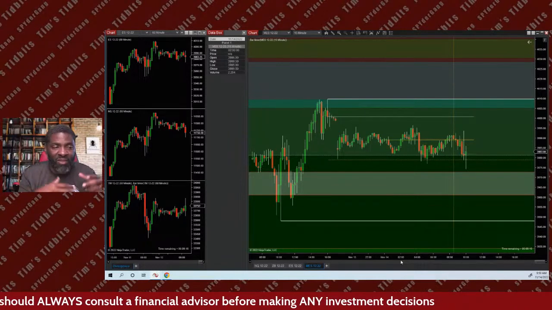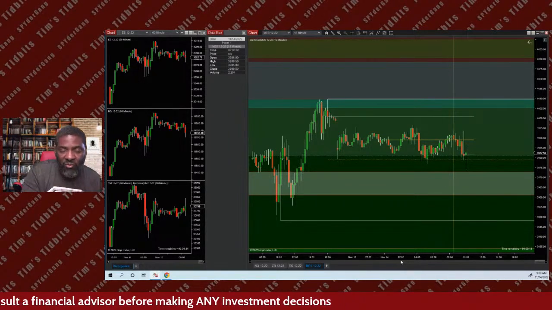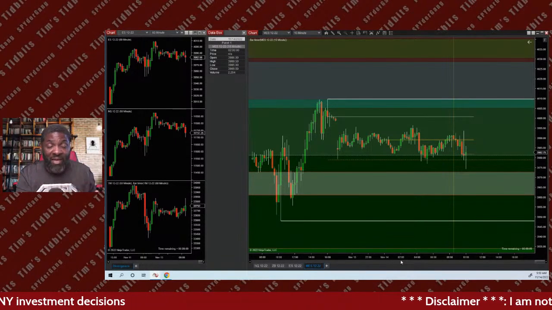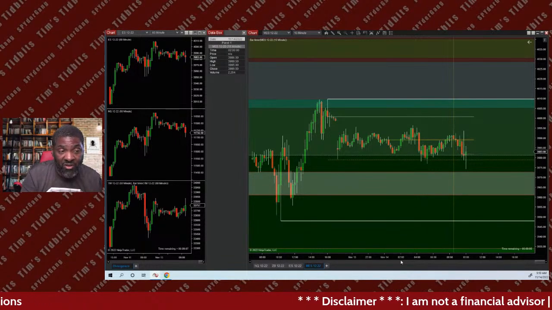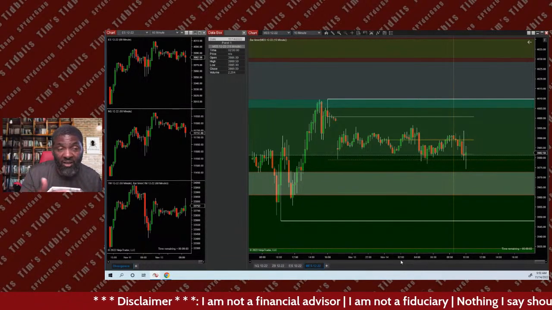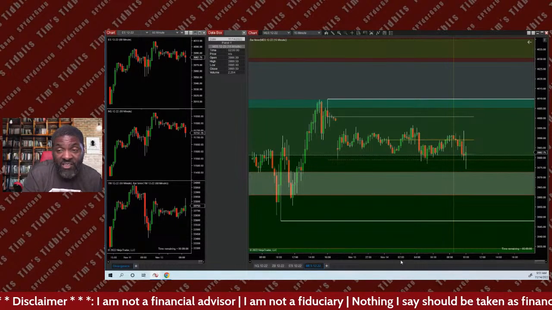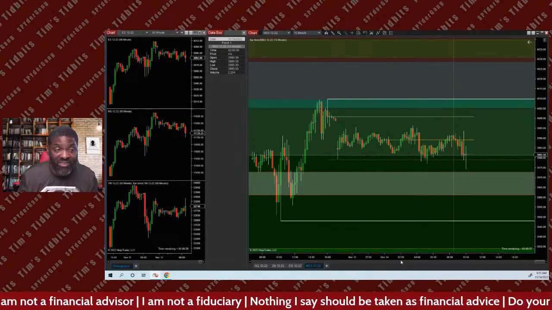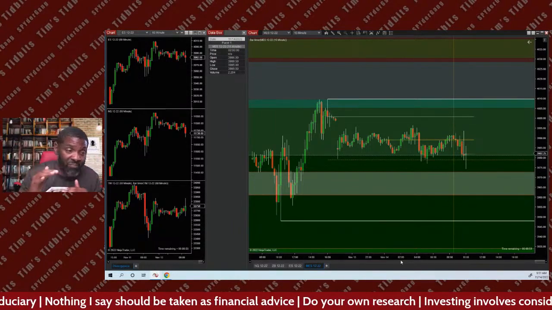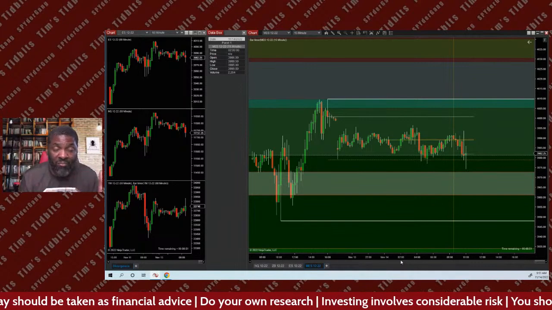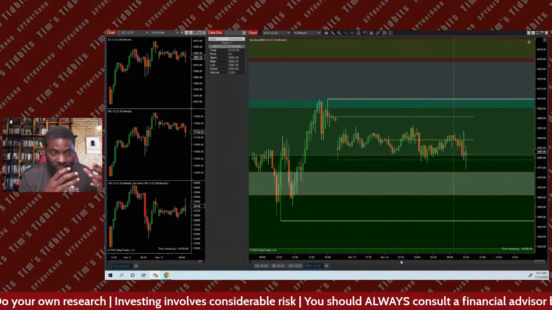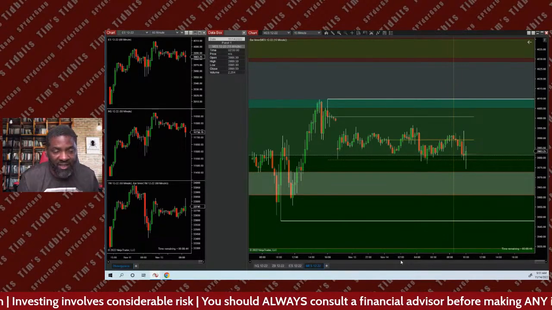The same way I may look for a liquidity run reversal on a daily chart, Robinson may look for it on a 5-minute chart, make an entry and get a 10, 15-point trade for a day trade. The setup is the same. You just have to look for it on different time frames. Understand the bias, understand the narrative, and then make your entry on it. That's why I break it down every day for the day traders in the community.